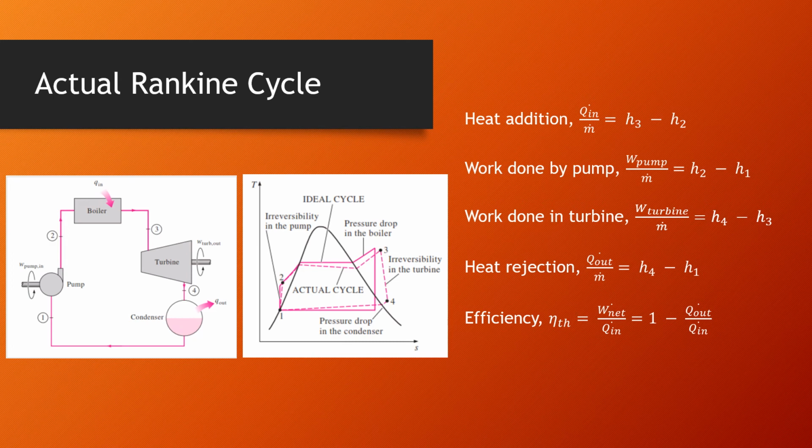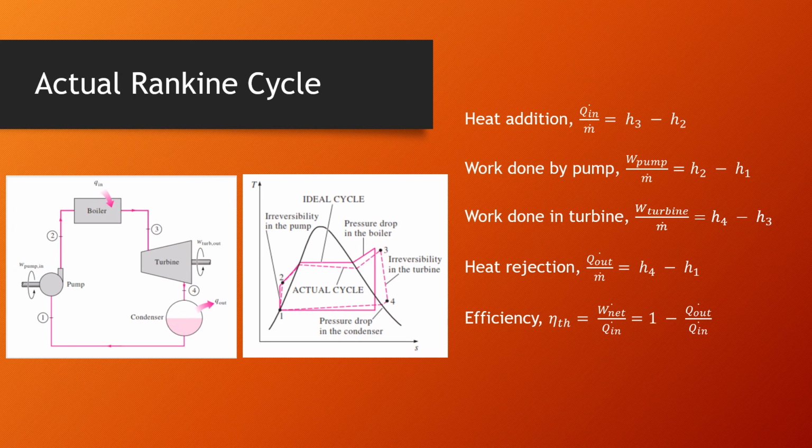Now we're interested to find out the efficiency of the Rankine cycle. To find that out, we must know the individual components' enthalpy change or the energy change throughout the system.